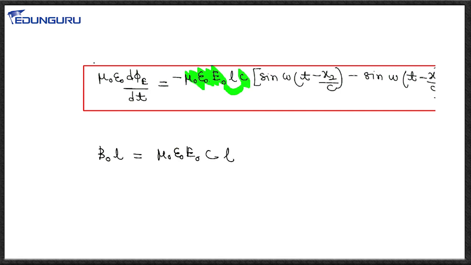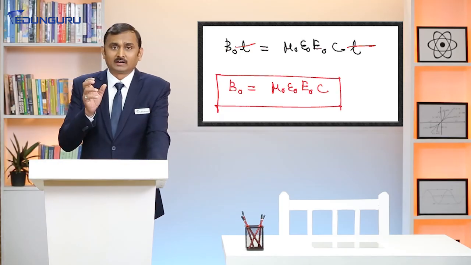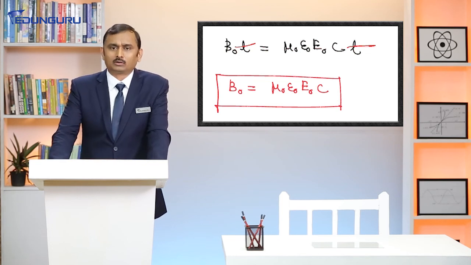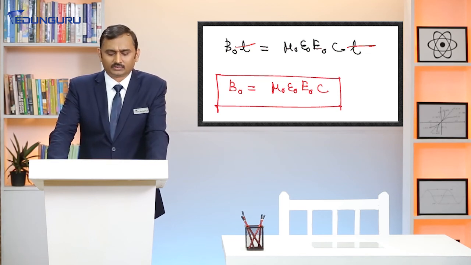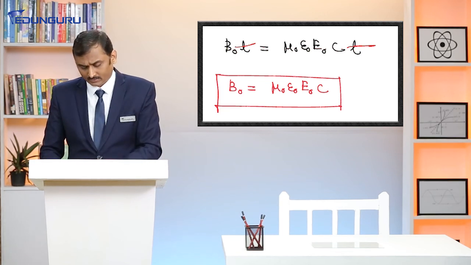This L cancels out from here. We have B naught is equal to mu naught epsilon naught E naught into C. So Ampere's law is applicable when B naught is equal to mu naught epsilon naught E naught times C for a plane electromagnetic wave.